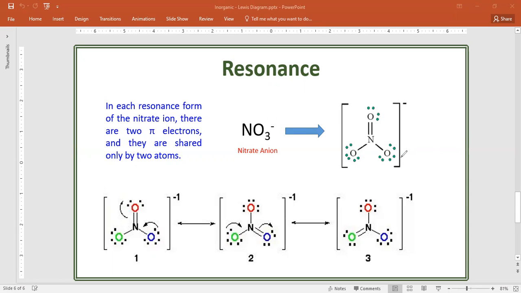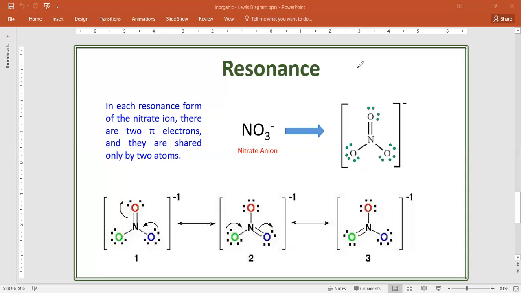But here we need to check the full octet rule between nitrogen and oxygen, and one of the bonds has different energy than the other oxygen. Here each oxygen is bonded with the nitrogen. Here it is one bond, here also one bond, but between nitrogen and this oxygen 2 bonds are given.